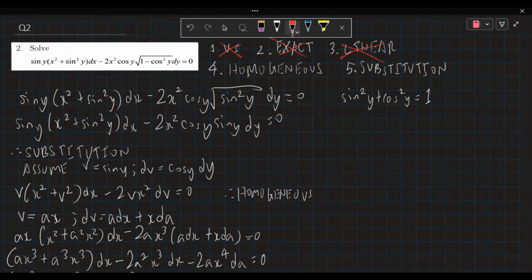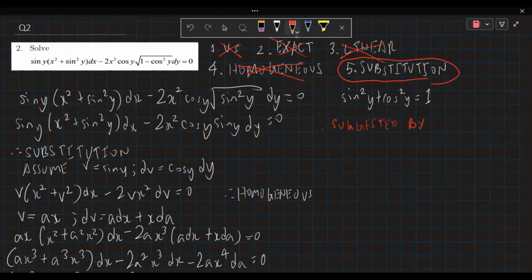So, what do we do? We do substitution, suggested by the equation.